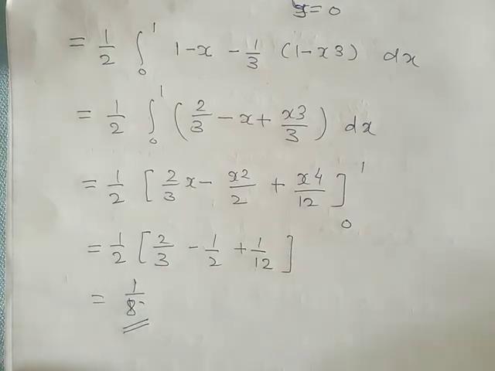So this is the value of given integral. In this way, we can find the triple integration using Fubini's theorem. There are some examples to find the moment of inertia of objects in R cube using triple integration. So we will discuss that in the next lecture.